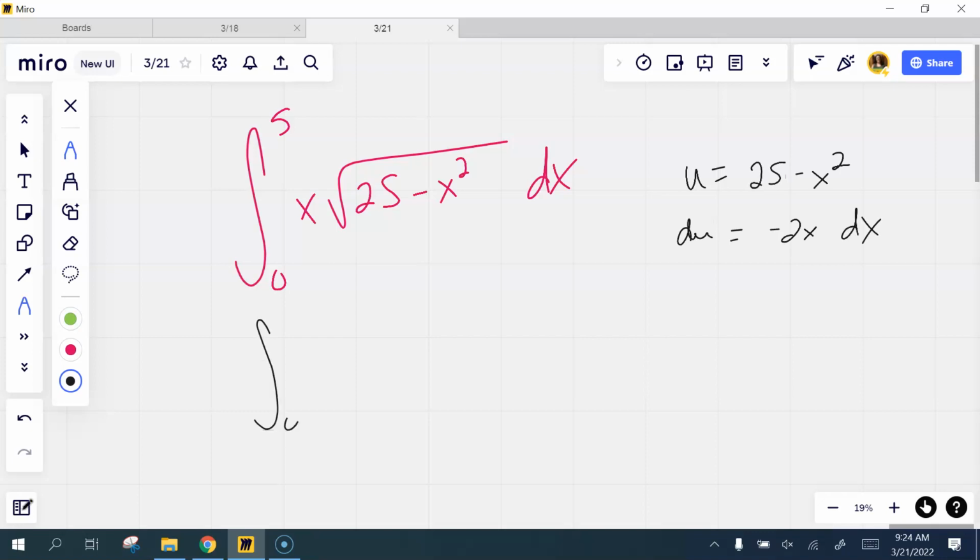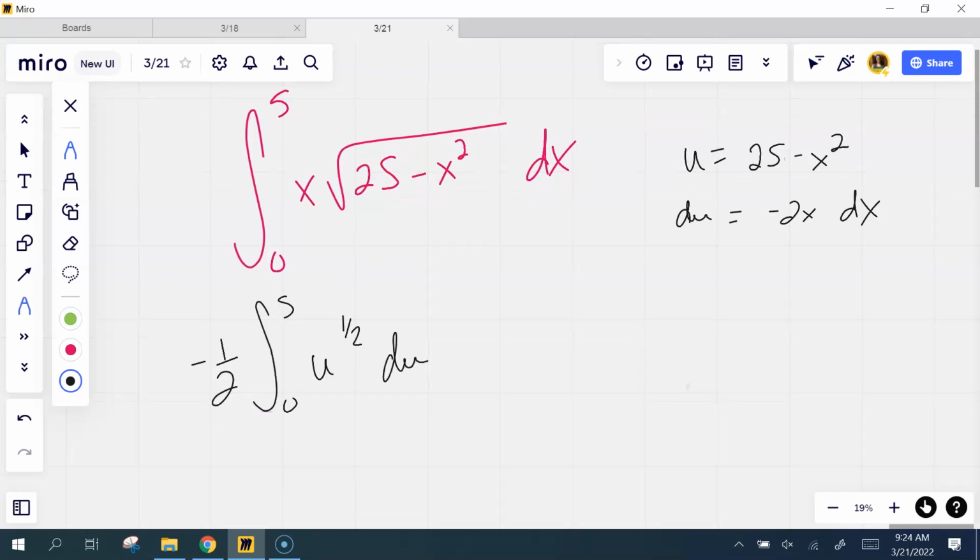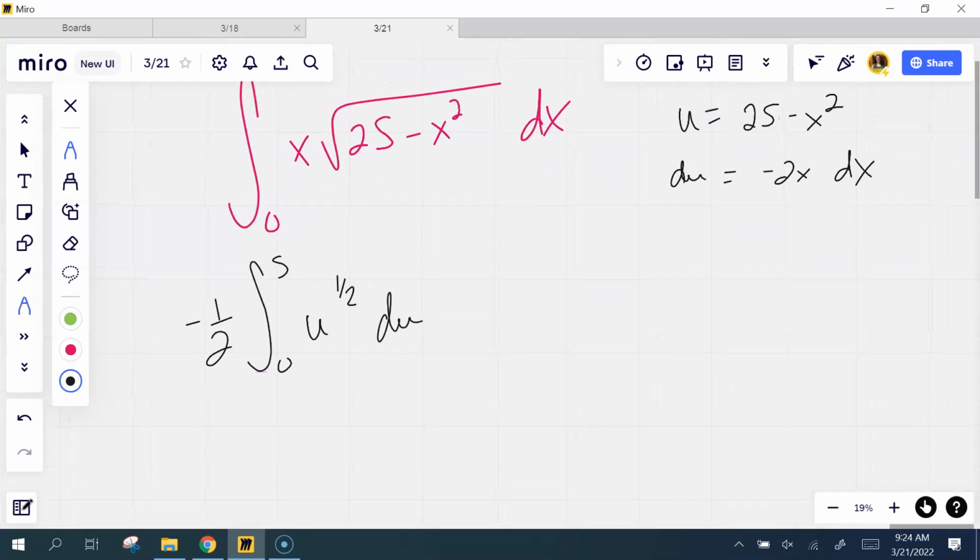So this is the integral from 0 to 5. I need a negative 2, right? So I counter that with a negative 1/2 out here. And I have u to the 1/2 du. But you cannot forget to adjust your bounds.